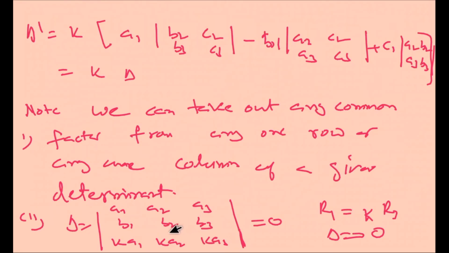Okay. Now next property 5. If all elements of a row or column of a determinant are expressed as a sum of two or more terms, then the determinant can be expressed as a sum of two or more determinants.